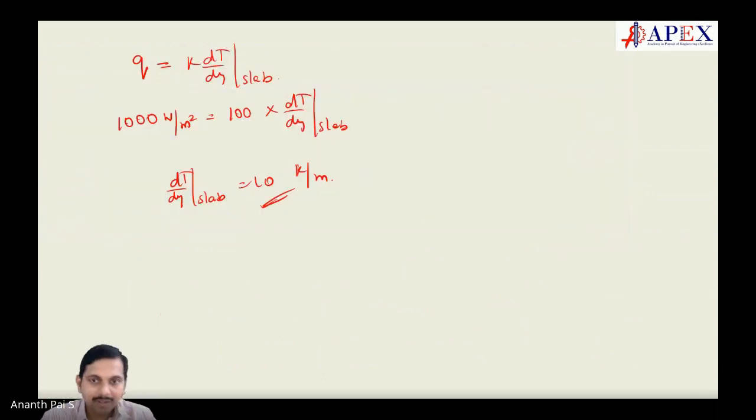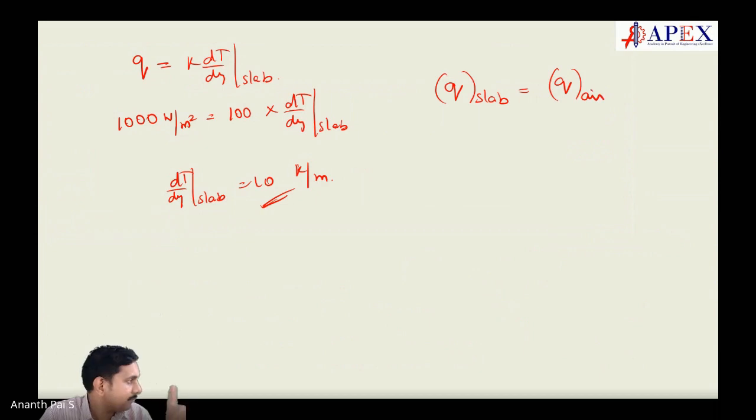See, heat transfer Q in the slab is equal to Q in the air. Agreed? So Q in the slab is what? Q in the slab is K of the slab into dt by dy of the slab. Agreed?